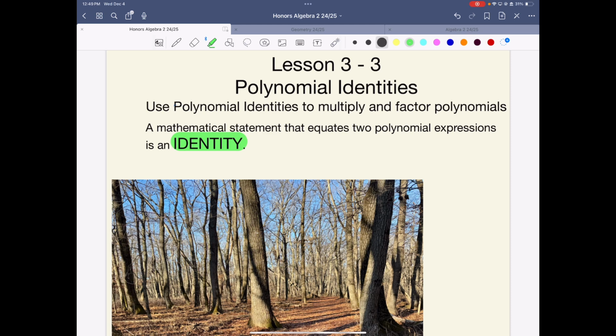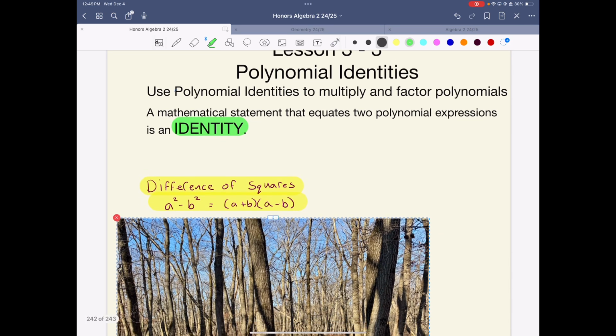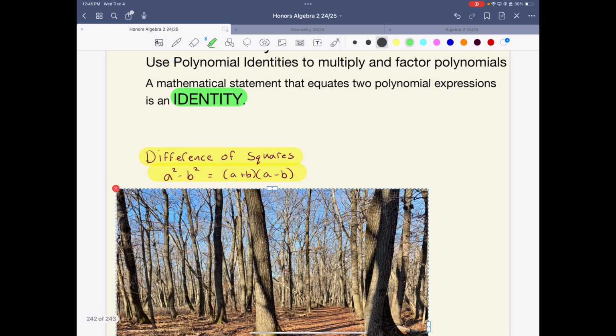Those are the identities that we're going to talk about today. We've got 4 of them. First one's not new. First one we talked about earlier in the year. We've talked about differences of squares when we were factoring quadratics.